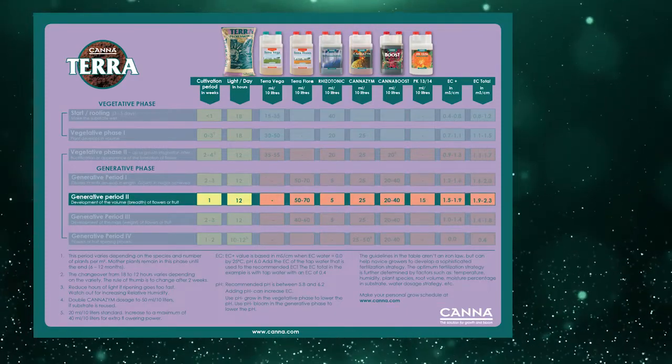In generative phase number 2, when the flowers become bigger, they need more potassium. So we add on top of our base nutrients, Canna Flores, a PK 13-14. Nevertheless, watch out, it makes the plant stronger, but it's also becoming very vulnerable. If you give too much of it, the leaves can start to curl and burn.